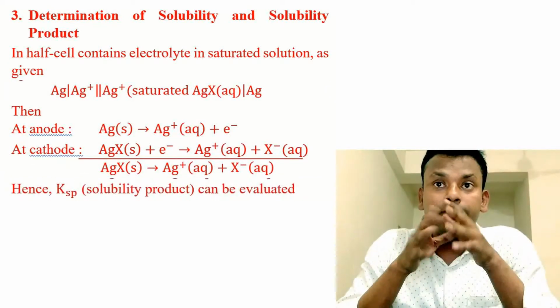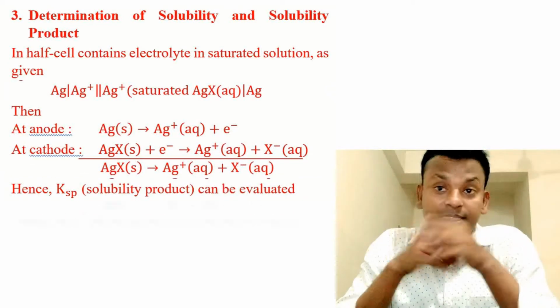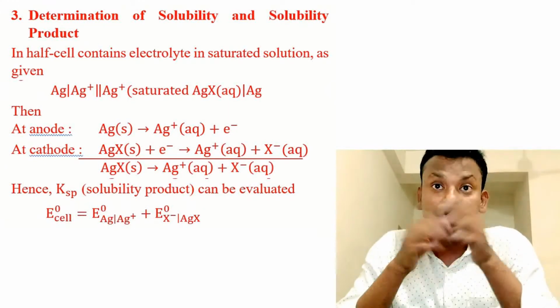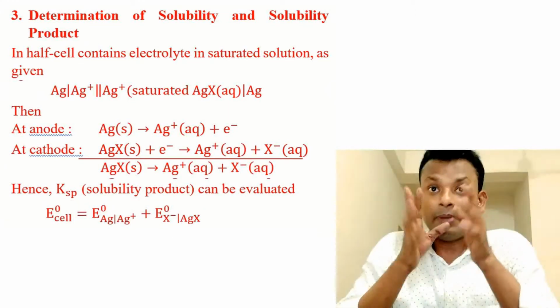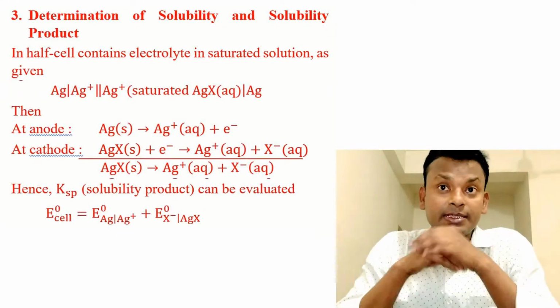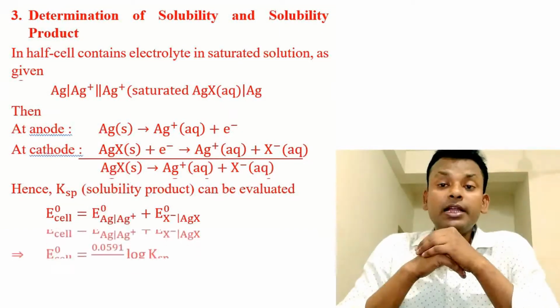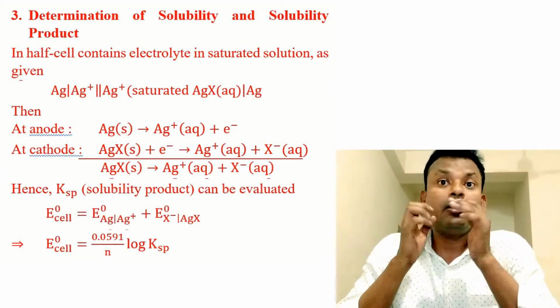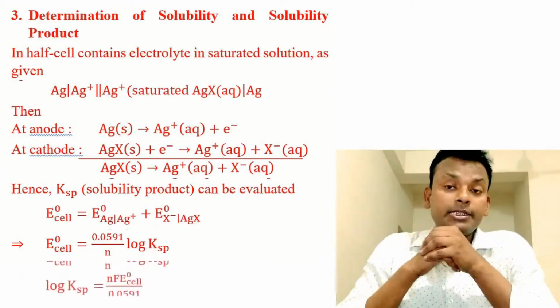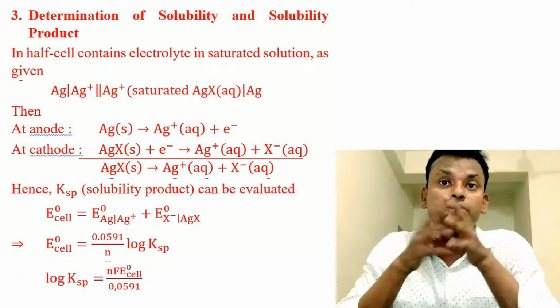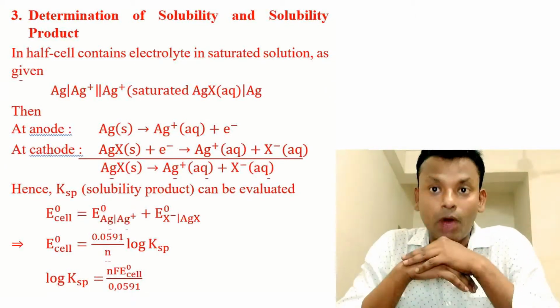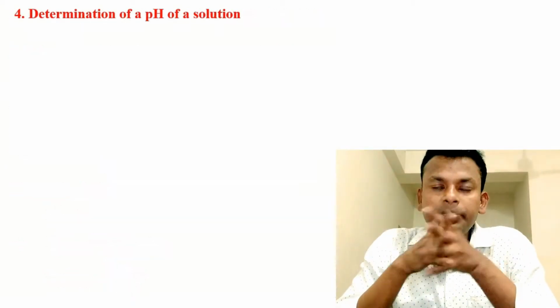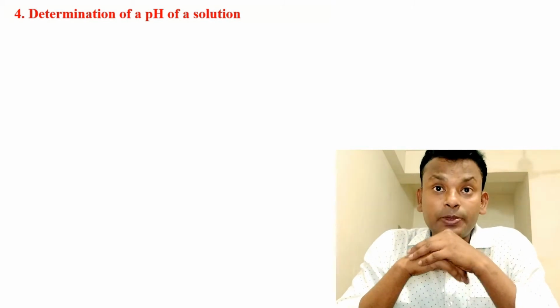Hence the solubility product can be evaluated: E0 cell equals E0 Ag+ plus E0 X-|AgX. So E0 cell equals 0.059 by n log Ksp. So log Ksp equals nF E0 cell by 0.0591.